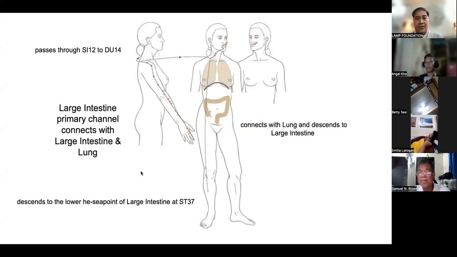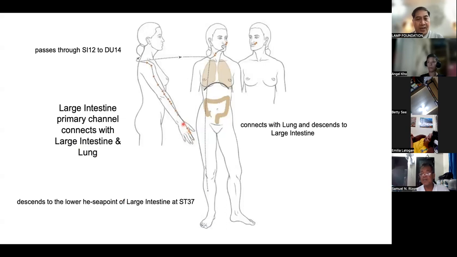So first, let's talk about the primary channel. Okay, saan nag-uumpisa ang primary channel? Okay, nandito po siya sa tip ng index finger, radial side, no? Then it proceeds upward between the first and second metacarpal bones of the hand.